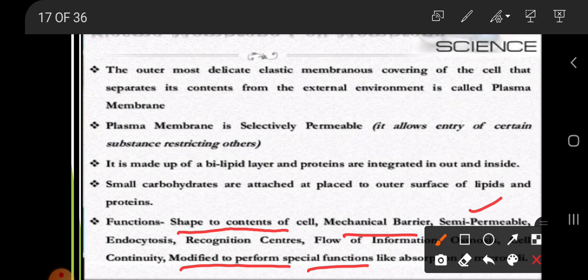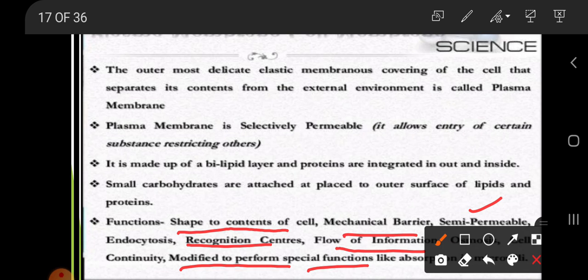Semi-permeable means it is like a selective membrane which gives permission whether a material should enter the body or exit from our body. And the next is the recognition center, as well as the flow of information. Flow of information means, like a selectively permeable membrane, it gives permission for whether the flow of material should happen or not in our body.